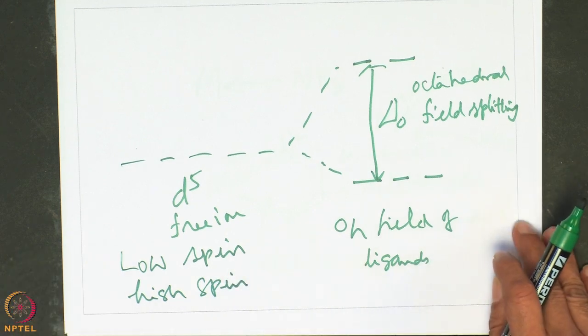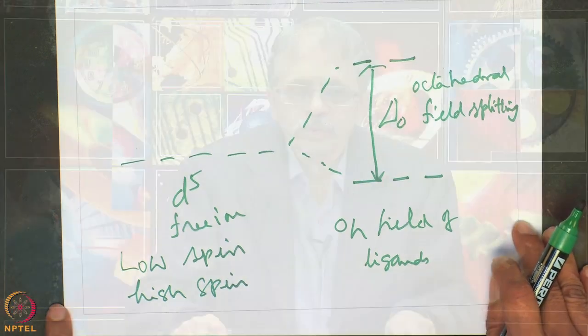Both of these are important in biological inorganic chemistry because the metal ions will have either a low spin or a high spin configuration depending upon what kind of ligands are bound there, what kind of field is created by the protein, what kind of charge we have on the metal ion, what the oxidation state is. All these things are very important, and that will reflect on the magnetic properties.